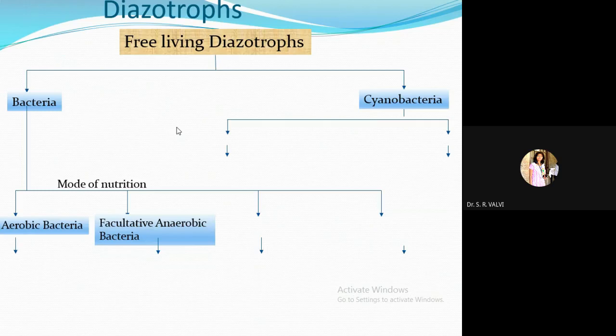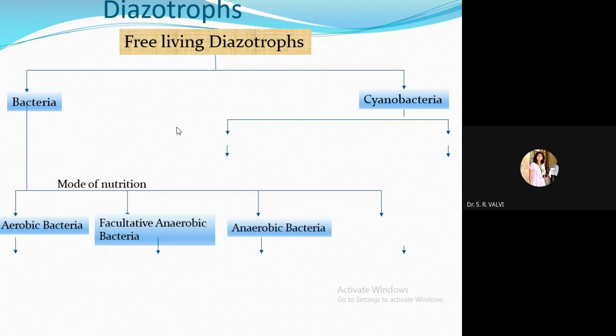Here the bacteria survive in presence or absence of oxygen. That's why the term facultative comes. Facultative means the bacteria which can complete their life cycle in presence or absence of oxygen. Hence it is called facultative anaerobic bacteria.